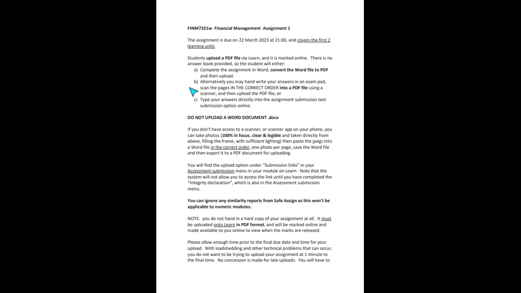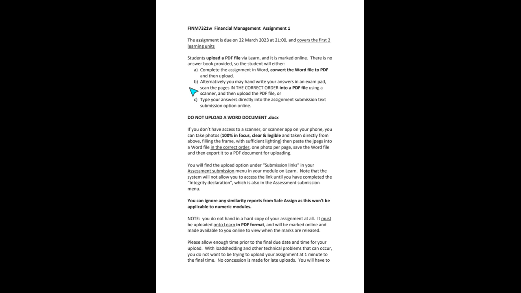Okay. You guys probably know that there are apps on your cell phone. You can use scanner apps, so you can use that. Just make sure that the photograph that you're taking with your cell phone in the scanner app is 100% legible. You go and check it yourself to see whether you could read it completely, and if you're happy with it, then upload it.